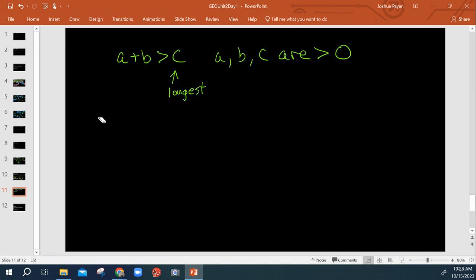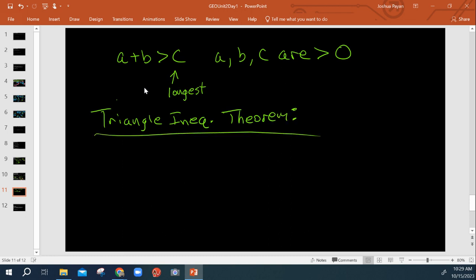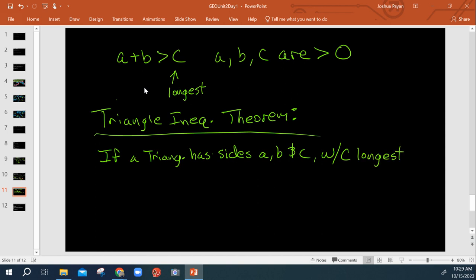The triangle inequality theorem is simply this: if a triangle has sides A, B, and C, with C the longest, then A plus B must be greater than C.